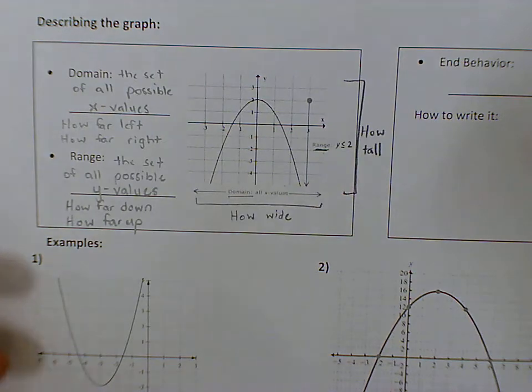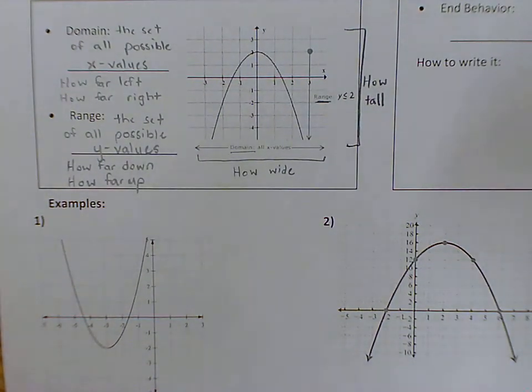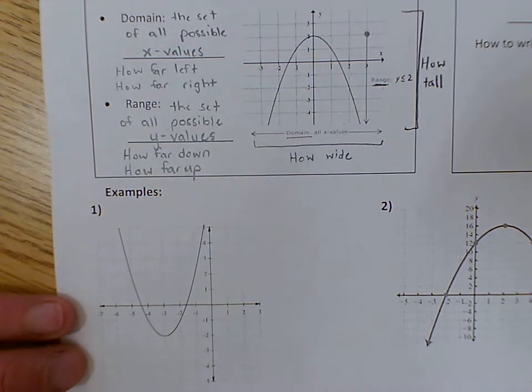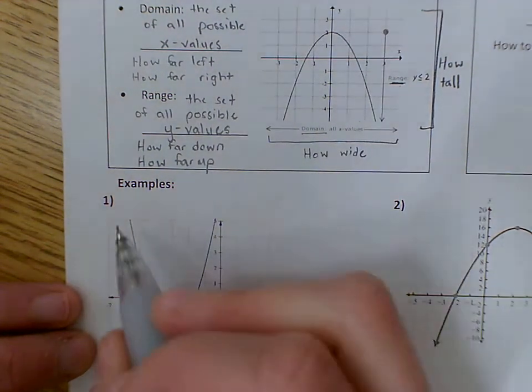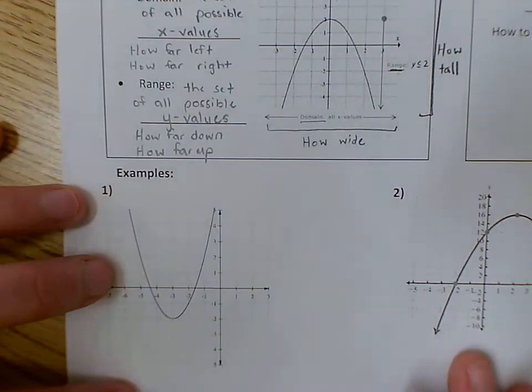So we're going to go down here to these graphs and talk about what the domain and range are, and then how you write it. Let's start with this example down here. With this first example, we've got a parabola, which is a quadratic function that we've been talking about.